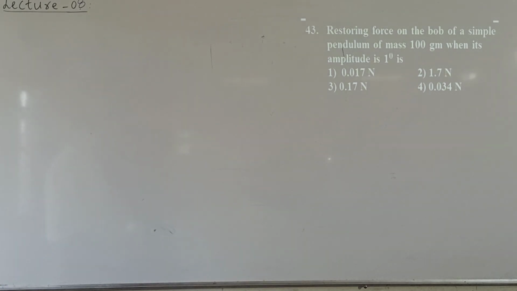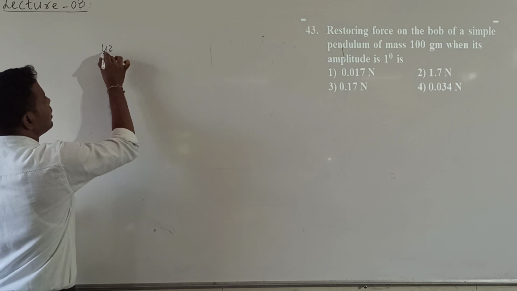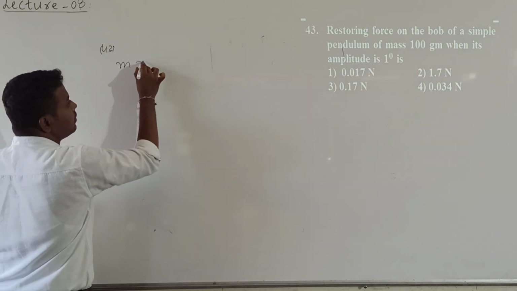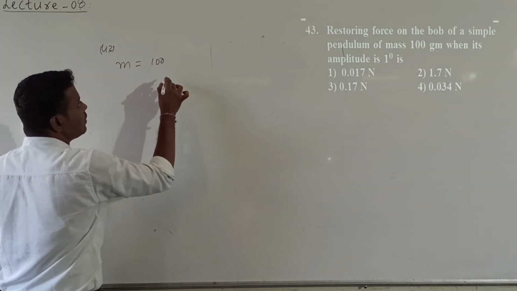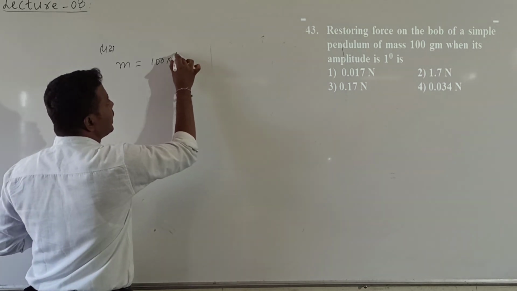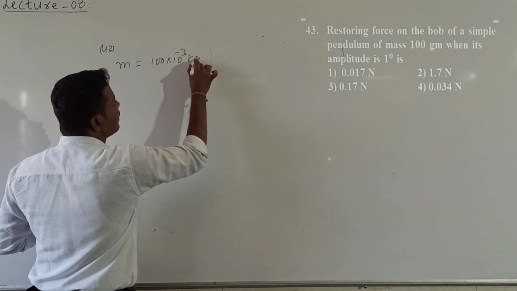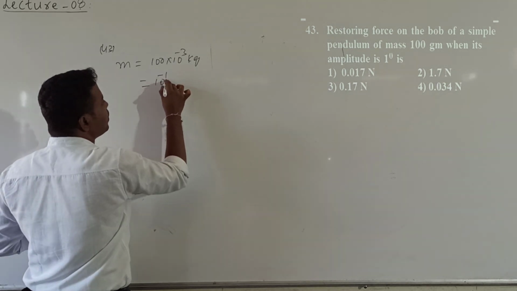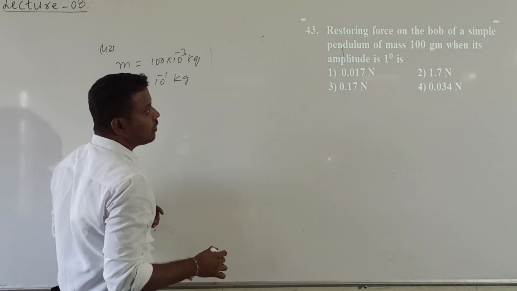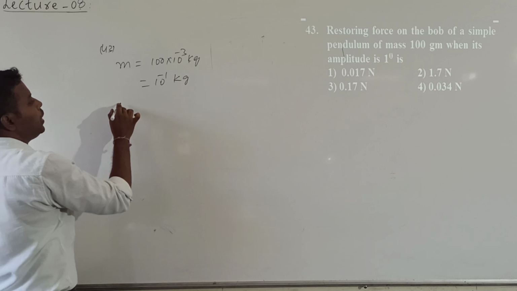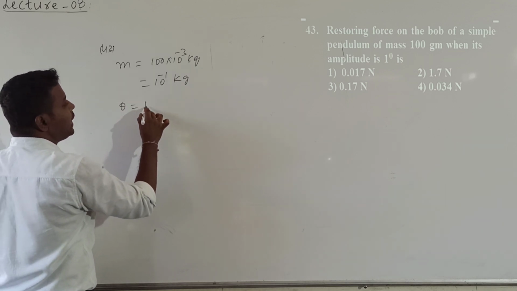So what is the mass of the bob? 100 into 10 to the power of minus 3 kg, which is 10 power minus 1 kg. They are asking what is the amplitude? Theta. Theta is given as 1 degree.